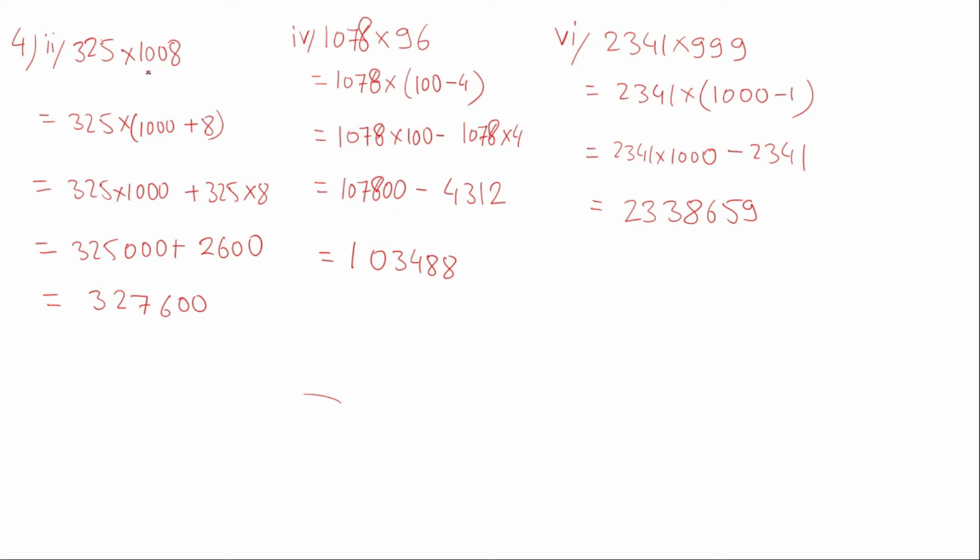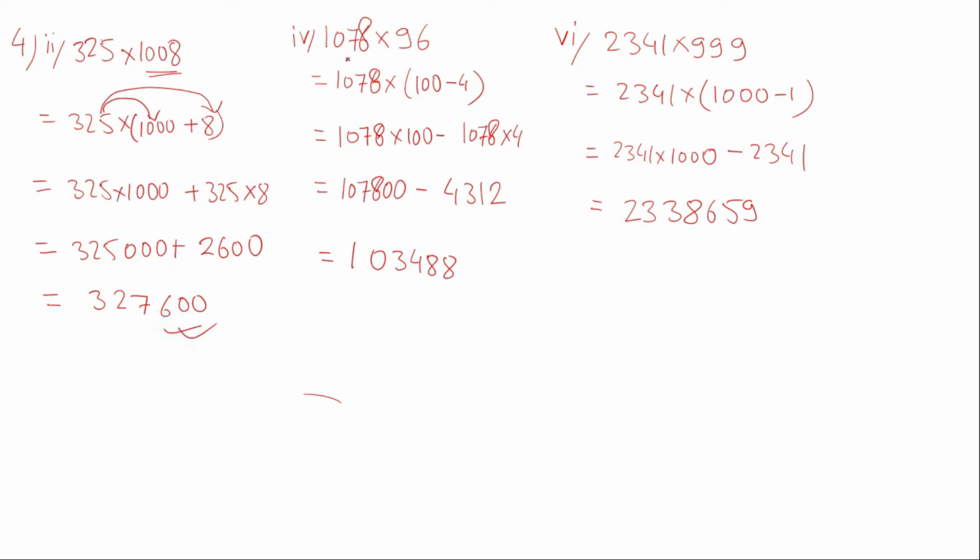Now 1008 we can write as 1000 plus 8. So multiply 325 with 1000 first, then plus, and then multiply 325 with 8. We will get 2600. Now add these two, this will be the answer.